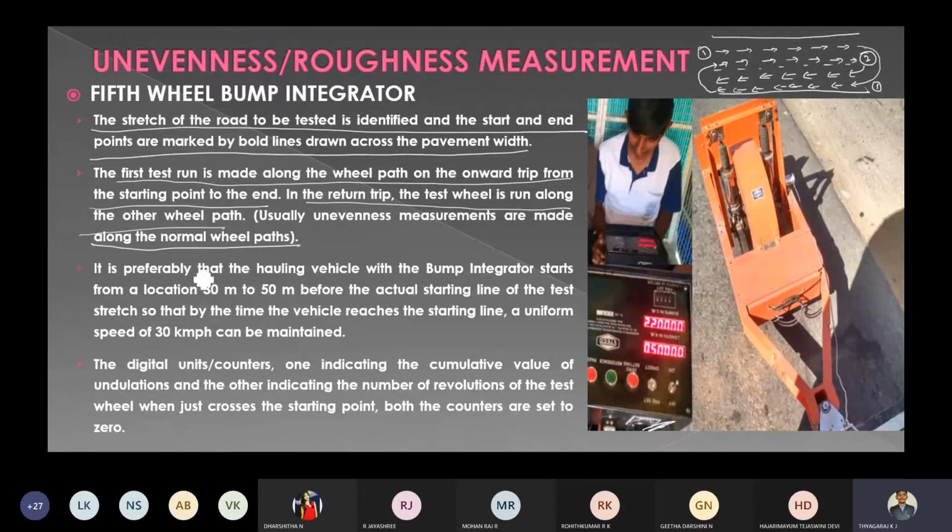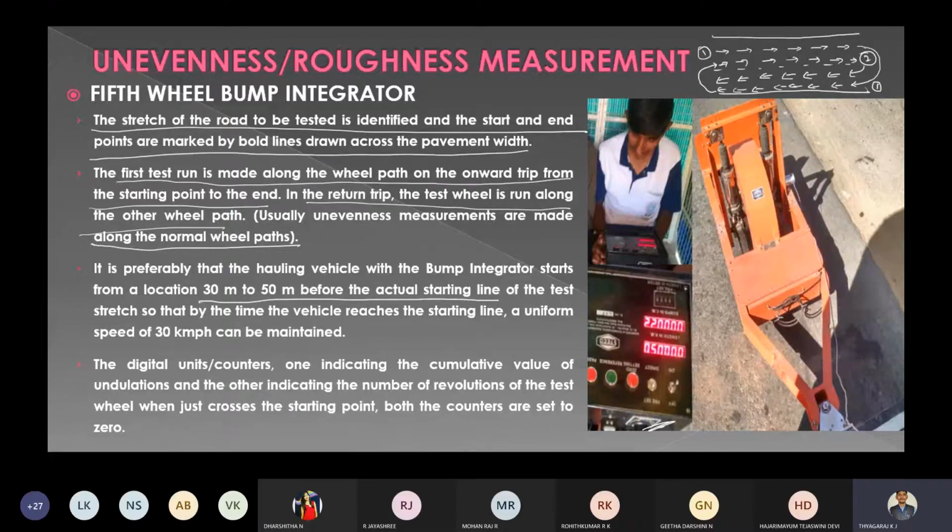Then it is preferable that the hauling vehicle and bump integrator start from a location 30 to 50 meters before the actual starting line. Why? Because the vehicular speed should be maintained. The speed will have a significant effect on this measurement. So to maintain the speed, at the earlier stages you make the vehicle move at higher speed, and you can reduce it when reaching the test section.